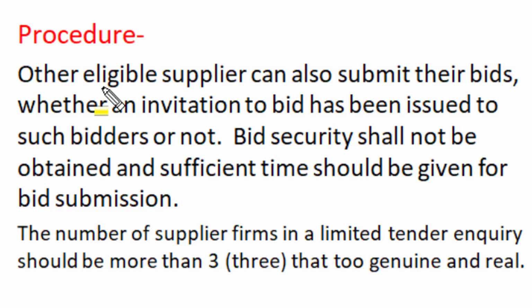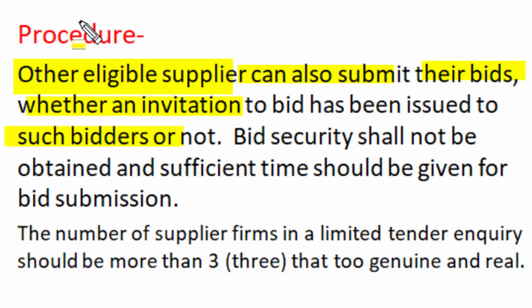In this limited tender procurement process, other eligible suppliers who get information from the official website or office notice board or by social media advertisement or from the government public procurement portal can also submit their bids, whether an invitation to bid has been issued to such bidders or not by the procurement entity.